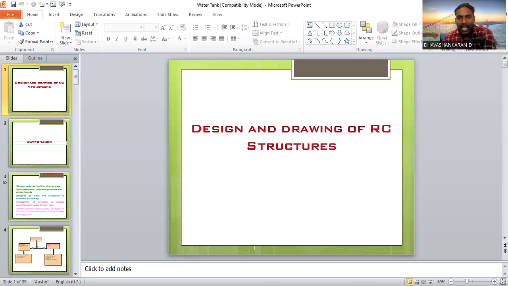Now the circular tank resting on the ground: how it rests on the ground and what steps are included. The tank has the tendency to increase its diameter due to the hydrostatic pressure. The pressure which is created inside the water is called hydrostatic pressure.